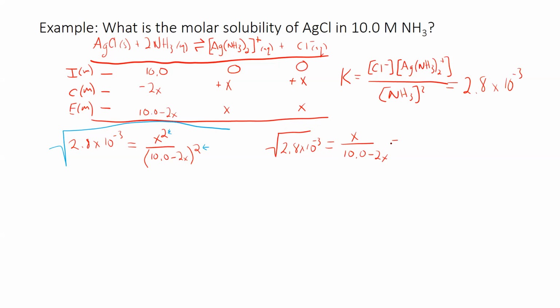Okay, and so that makes our lives easier. If we just take the square root of 2.8 times 10 to the minus 3, we wind up with 0.0529, right? That's just this right there, okay?